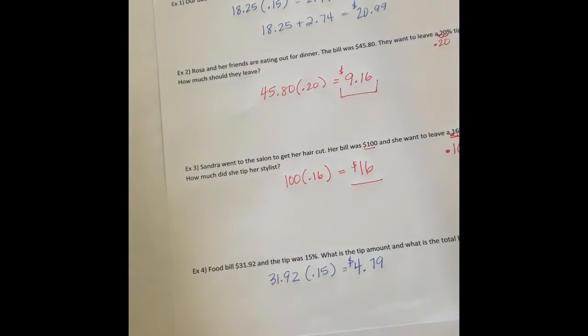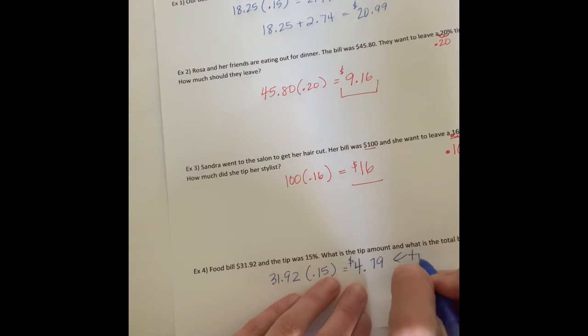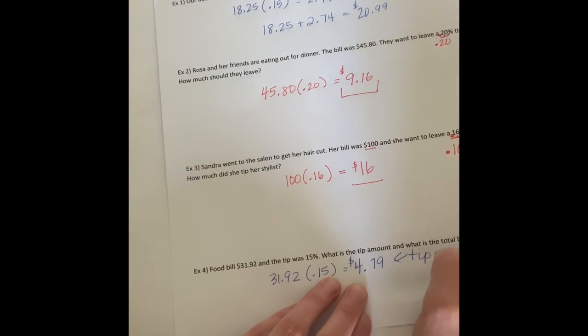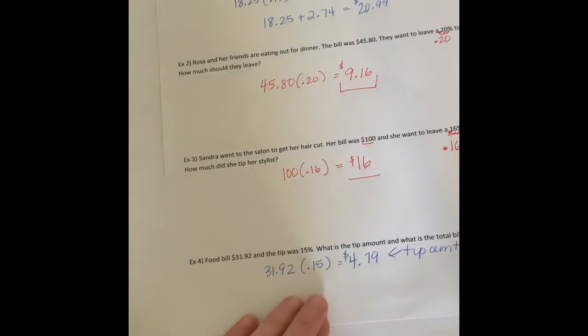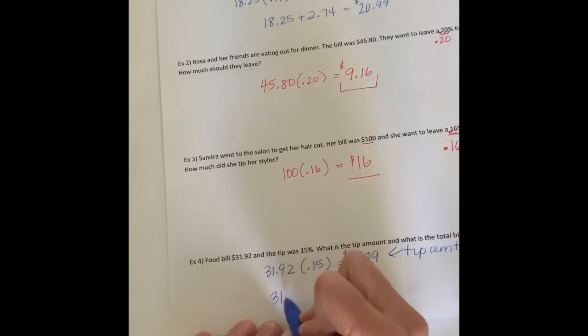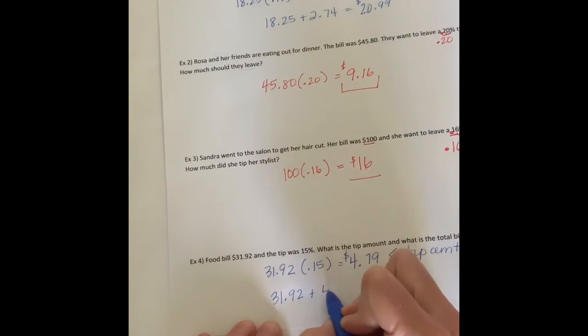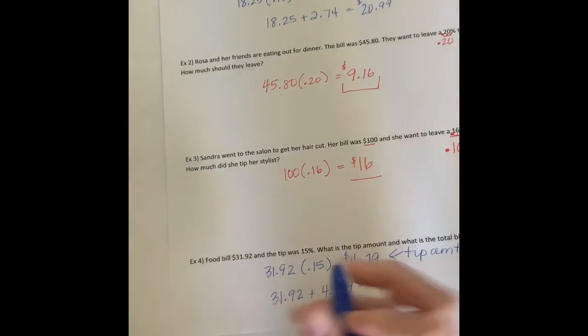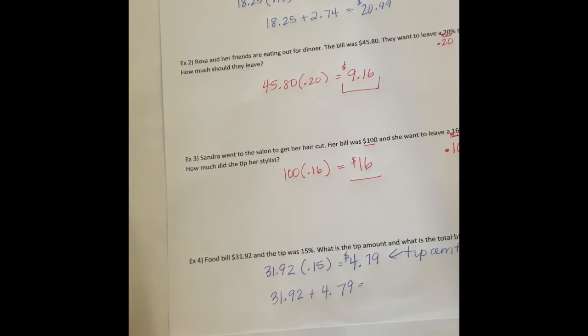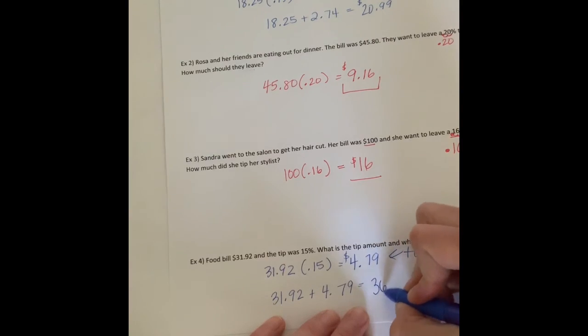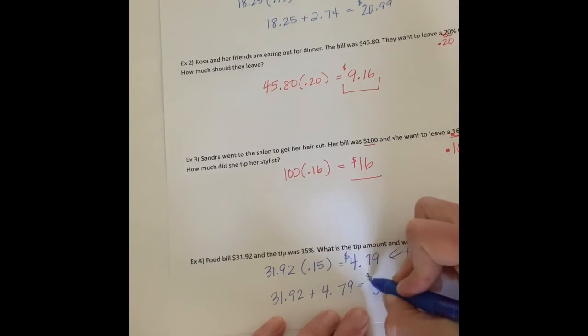So $4.79. This is your tip amount. And then to find your total bill, we're going to take our $31.92 and we're going to add our tip. So this will be about $36.71 as your total.